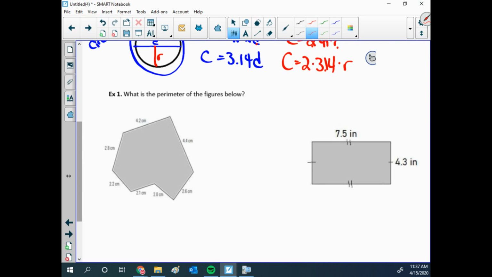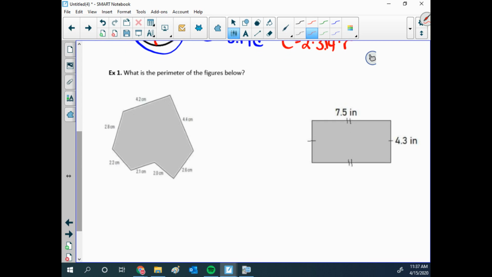So let's look at this first question. It says, what is the perimeter of the figure below? Well, this is just a polygon, so really all I need to do is add these up. I'll start here, and usually when I do these, I write a line and then I write my number down, so I know that I haven't missed a side.